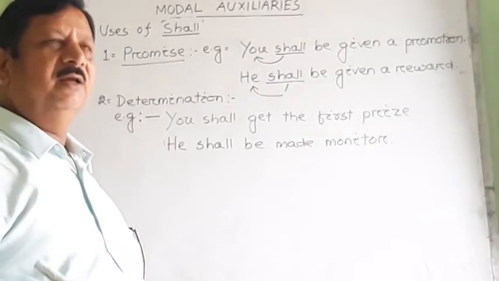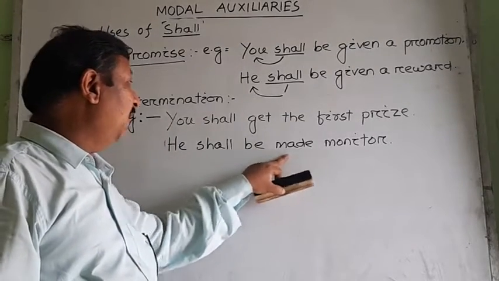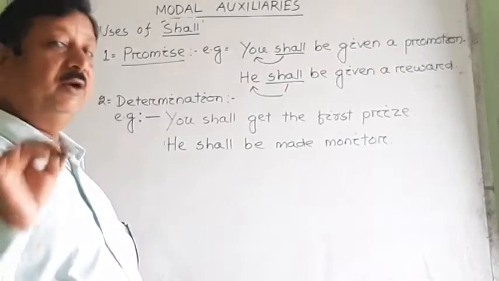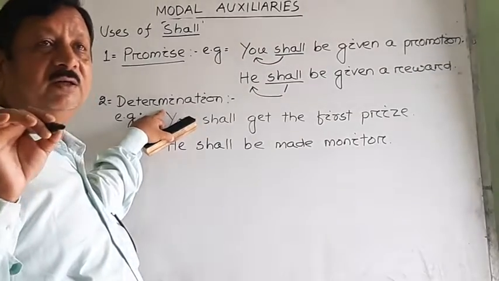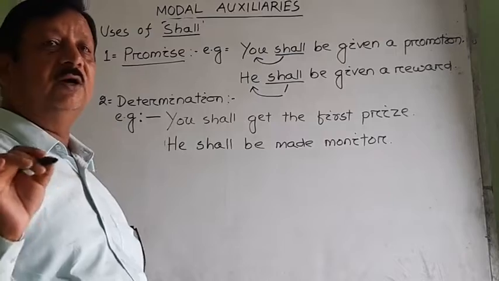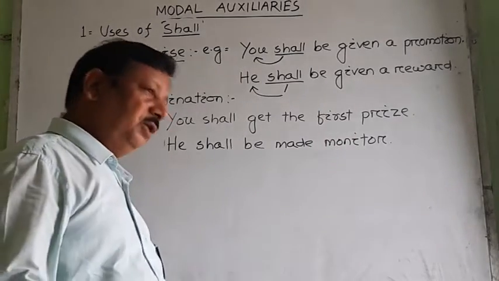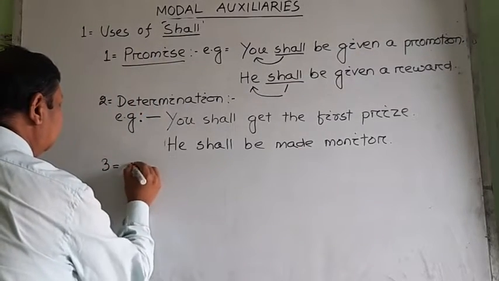He may be made, he may not be made. But when he speaks that he shall be made monitor, at that time it becomes sure. Why? Because it comes out as a determined voice from the teacher. All the students during that time, they take it as it is the determination of the teacher that he must be made monitor.